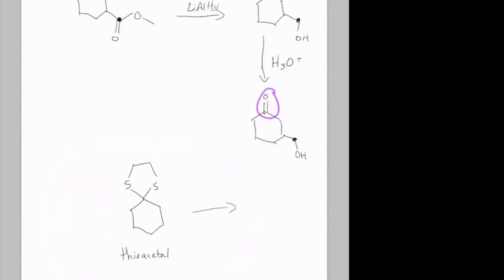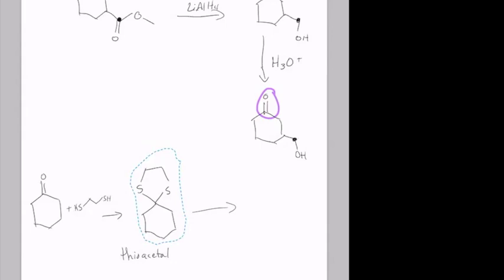So I can convert cyclohexanone using this dithiol into my thioacetyl. And what special role does this thioacetyl play? You can use Raney nickel to chop it off. Yeah.